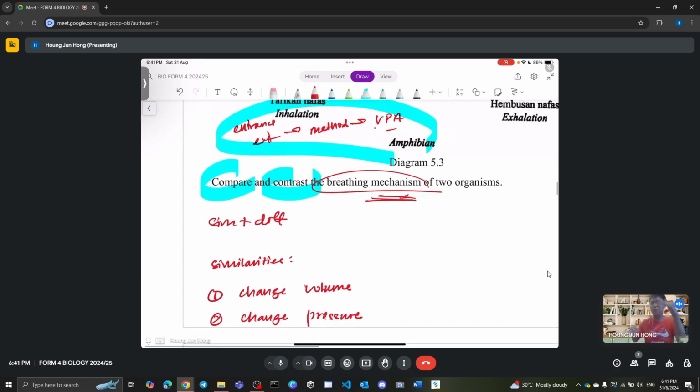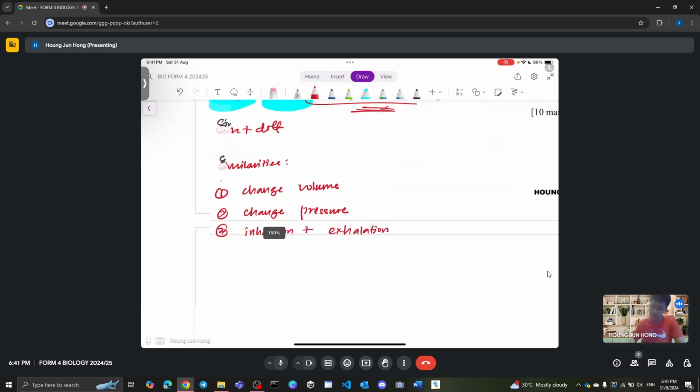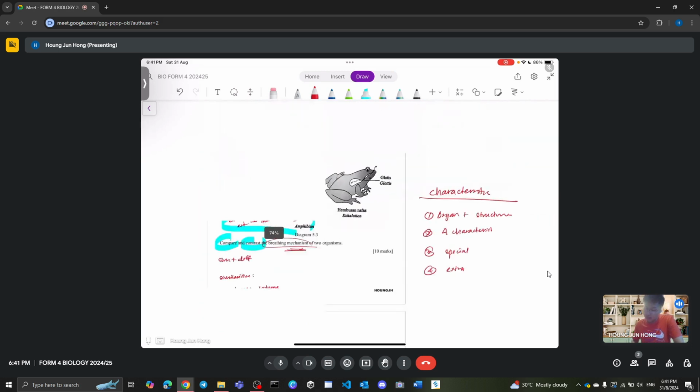So a similar flow, same change volume, change pressure. This is one of the things. And one more, a bit random, but yes, both of them consist of inhalation and exhalation. That's also true, because everyone needs to inhale and exhale, right? Okay, so these are the 3 similarities.